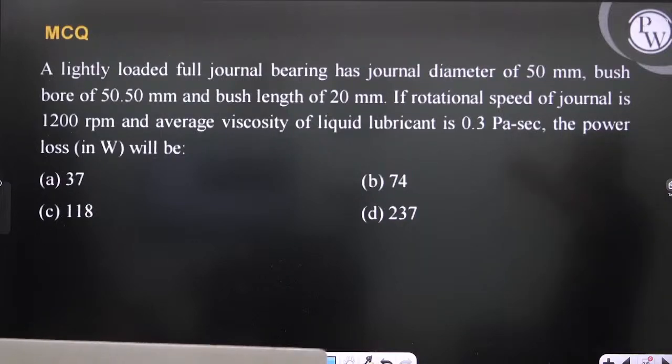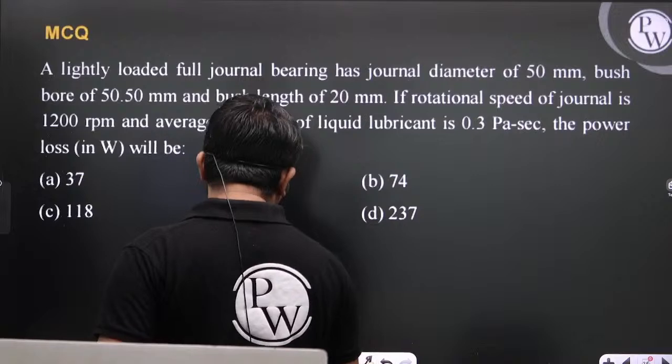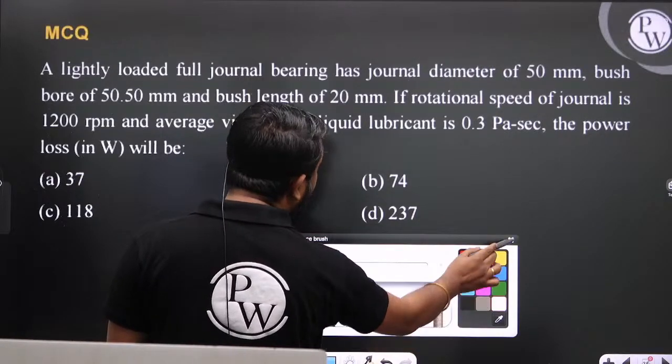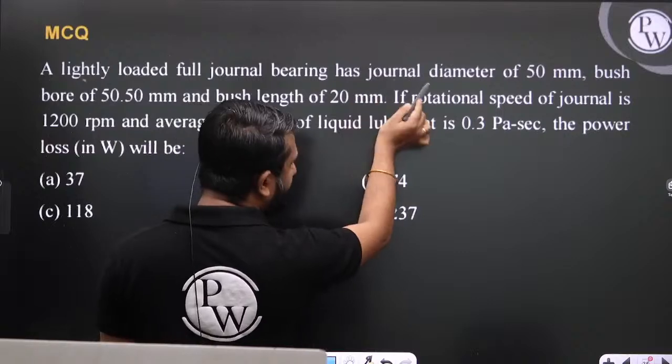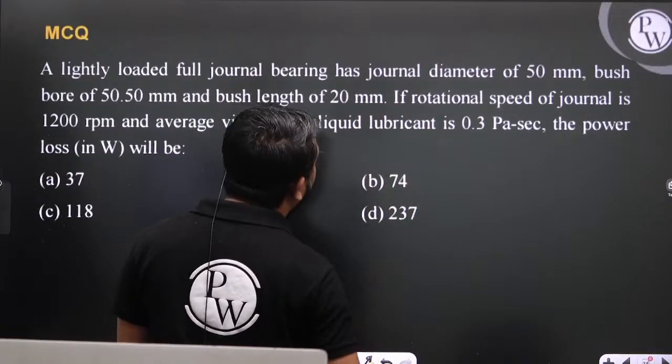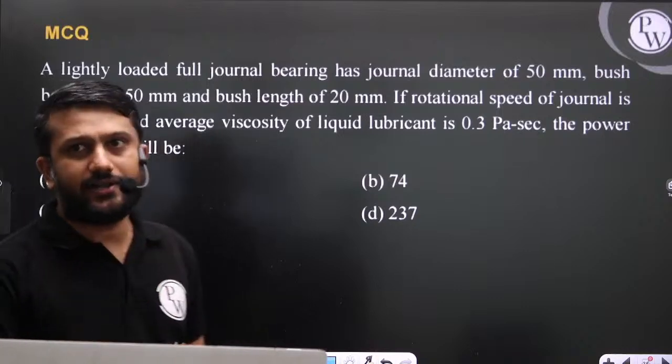Okay, so there is a shaft, and that shaft is in a bearing. What is the diameter of the shaft? Journal means shaft. The part of the shaft which is inside the bearing is called journal.